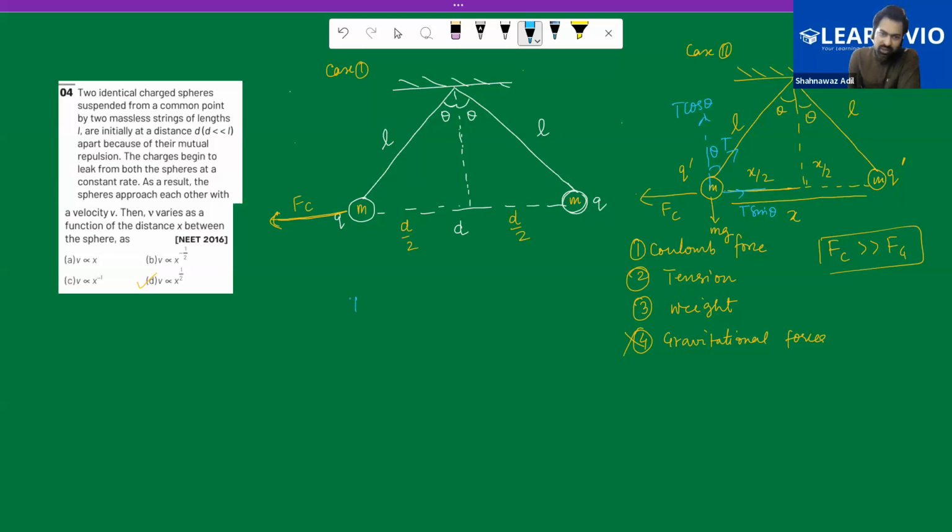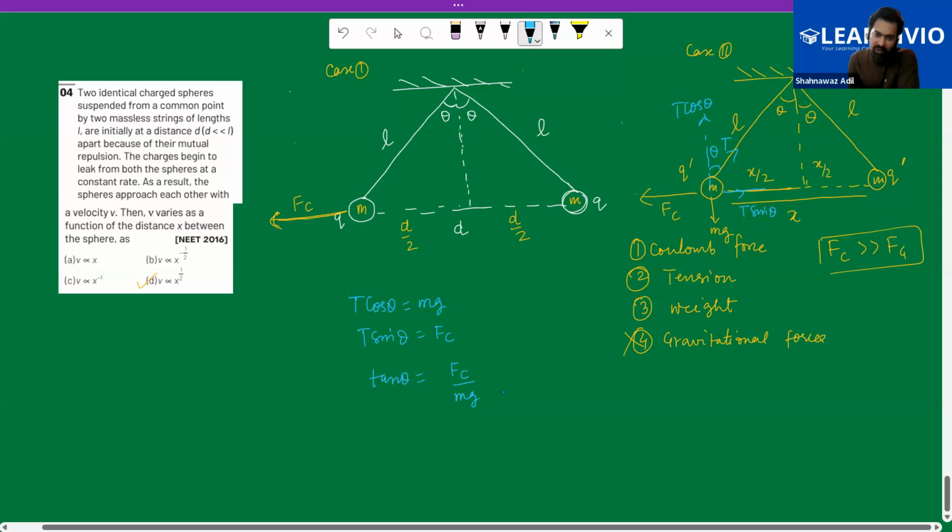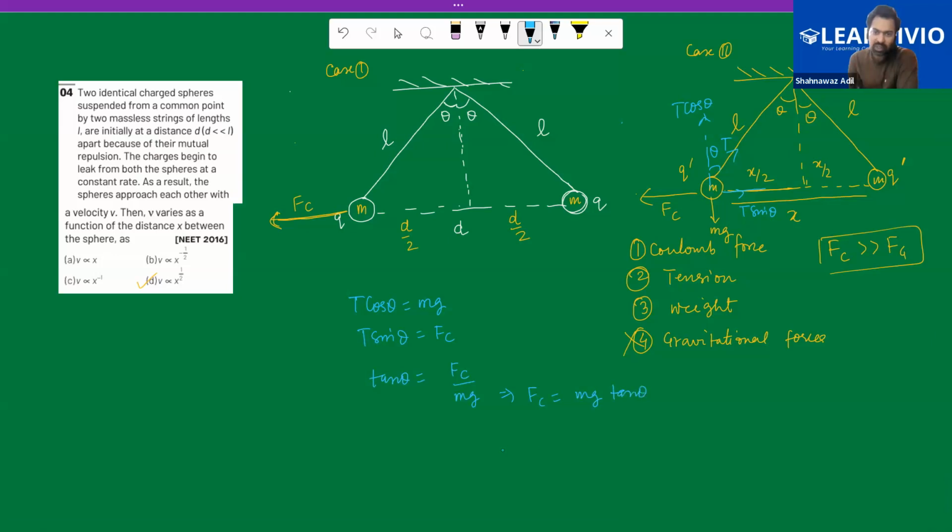So T cos theta is mg, and T sine theta is the Coulomb force. If I divide these, I will get tan theta as Fc by mg. So Fc is simply mg tan theta.